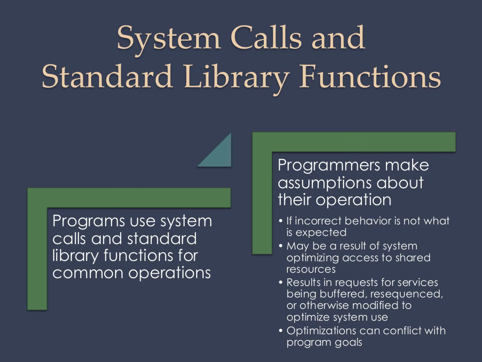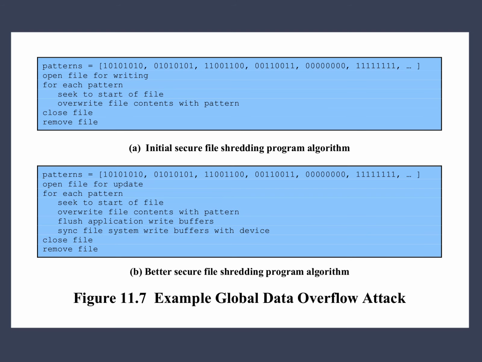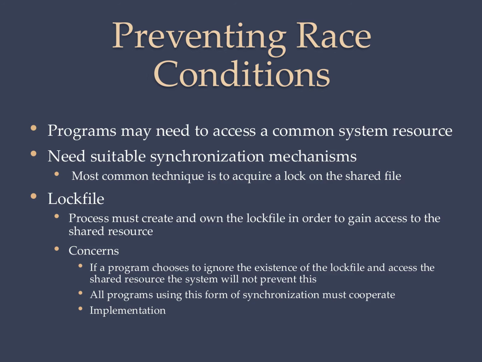Another source is system calls and standard library functions. Programs make assumptions about these operations, and we rely on the standard library functions to perform these common operations. These are also a source of these problems.